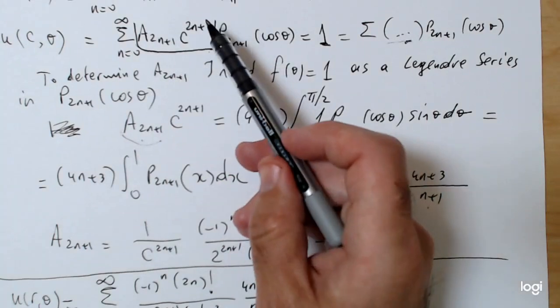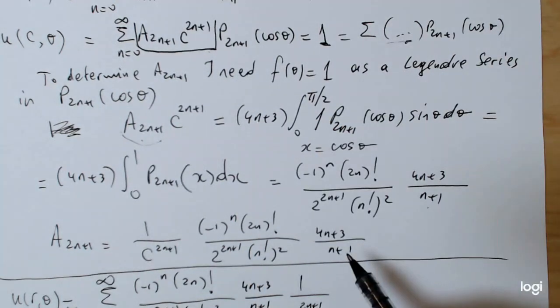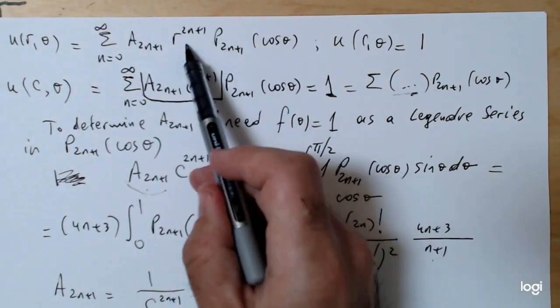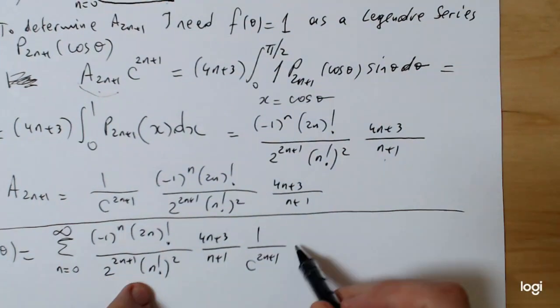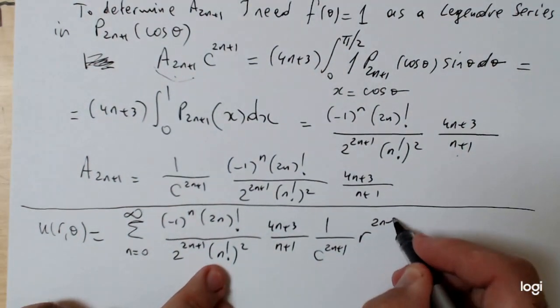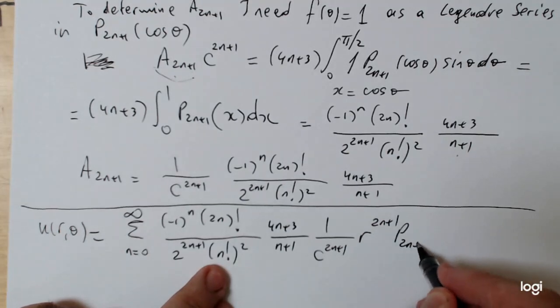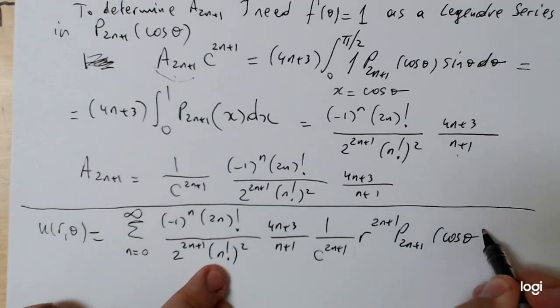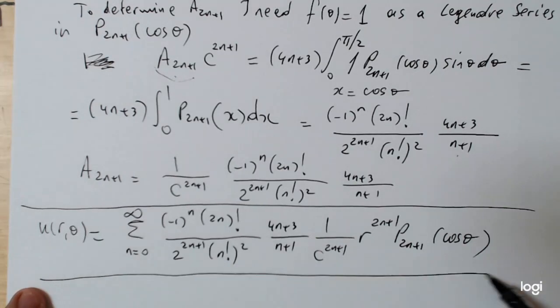Continue with what you have in the series here, what I meant is over here in the solution. So times r to the 2n+1 P_{2n+1}(cosine theta). So that is the solution for the steady state temperature.